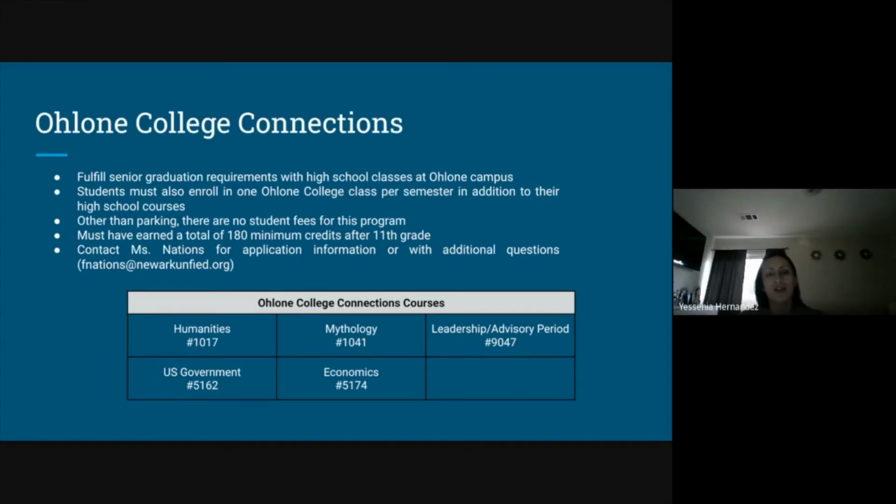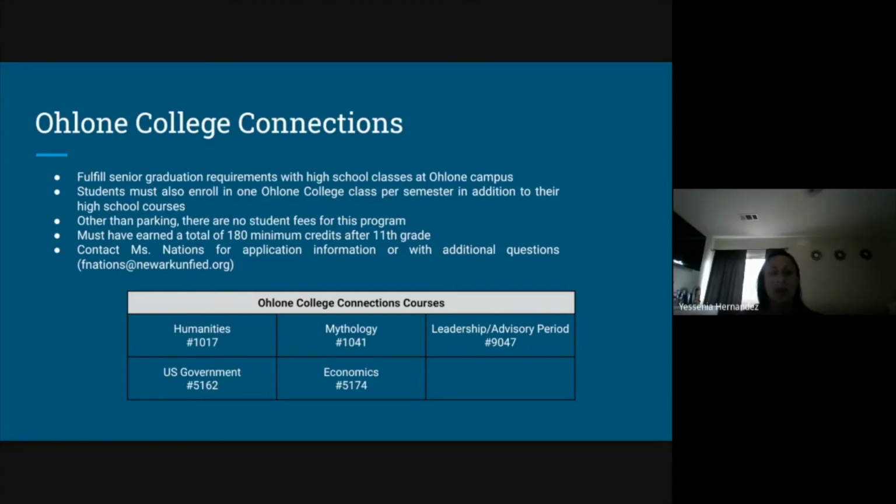And students are also required to take one Ohlone Community College course a semester minimum. And by being part of Ohlone College Connection, students are both Newark Memorial High School students and Ohlone College students. So they get to benefit from both Ohlone and Newark Memorial resources.